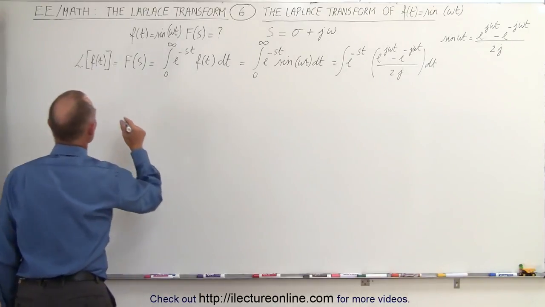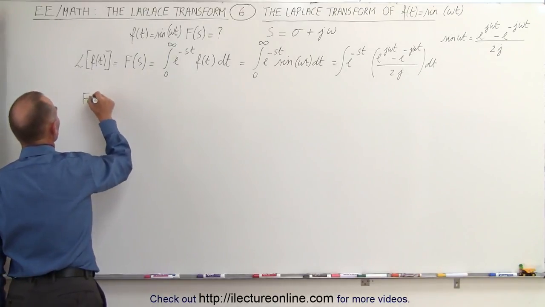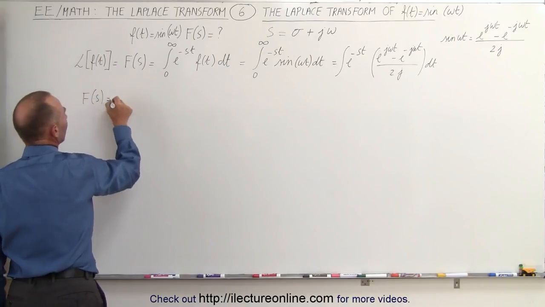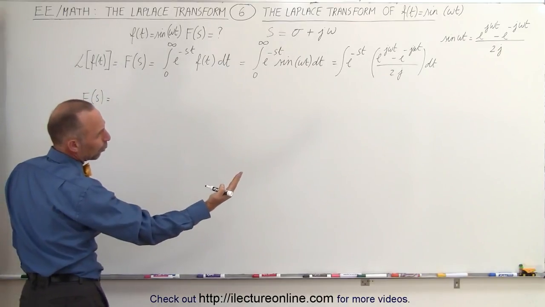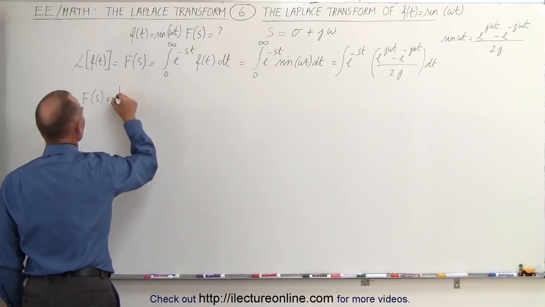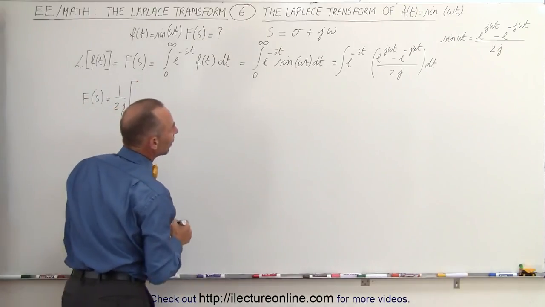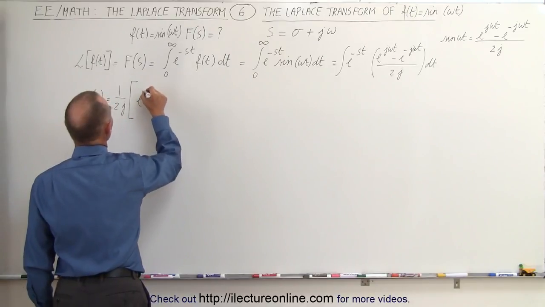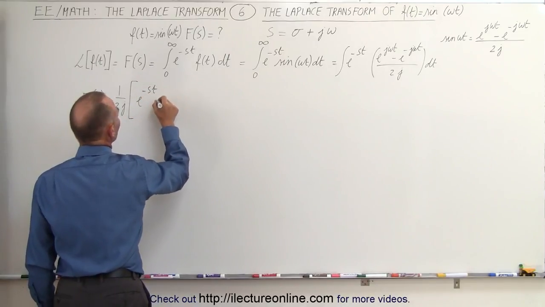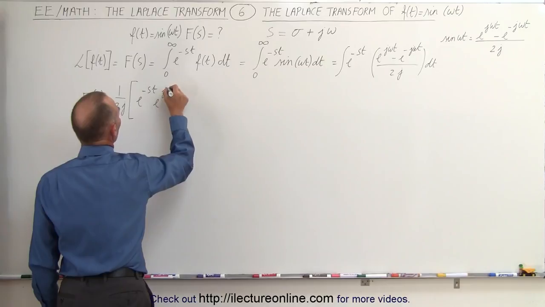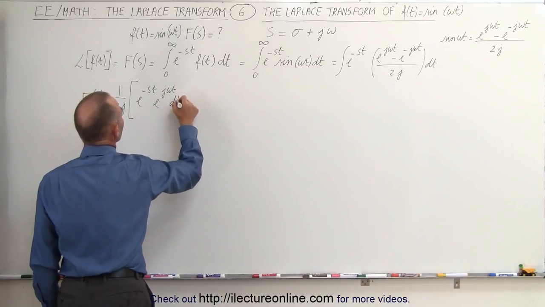The first one is going to be as follows. So we can say that F of s is equal to, first of all, we can factor out a 1 over 2j, and that'll be applicable to all of them, times the first integral, which is e to the minus st times e to the j omega t dt.